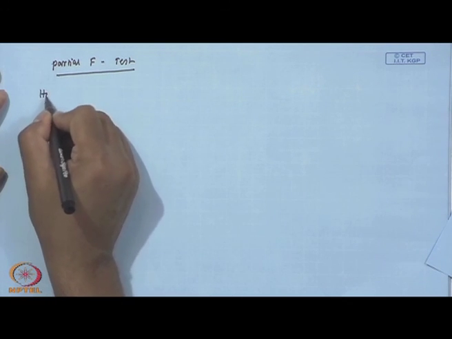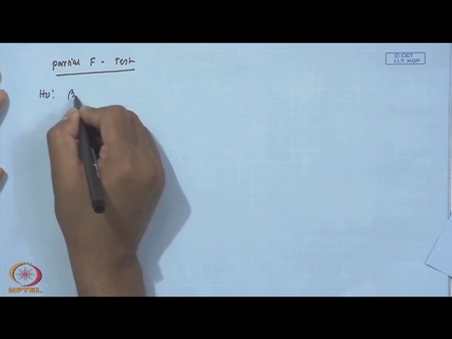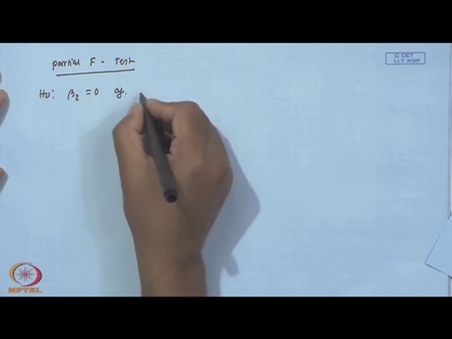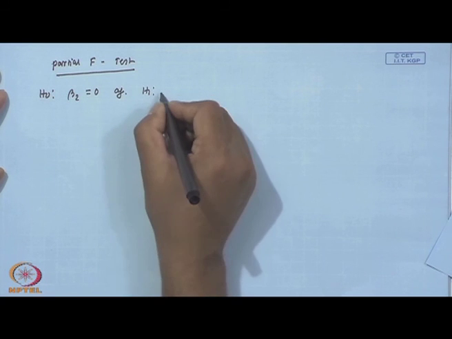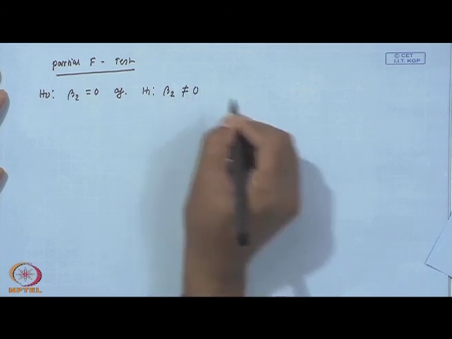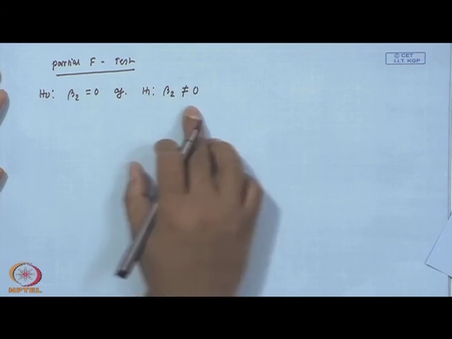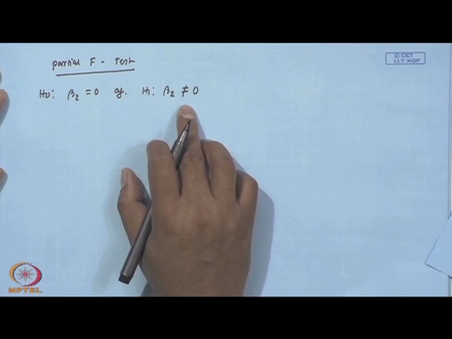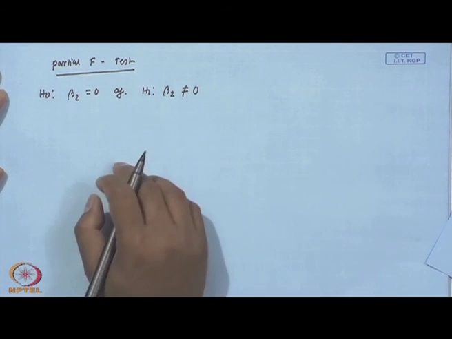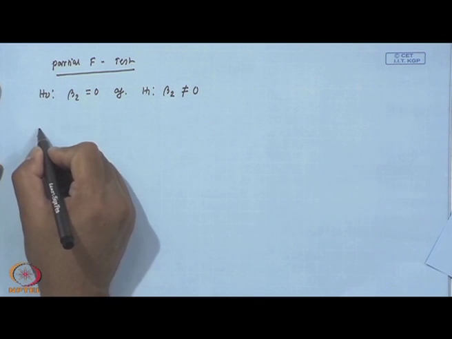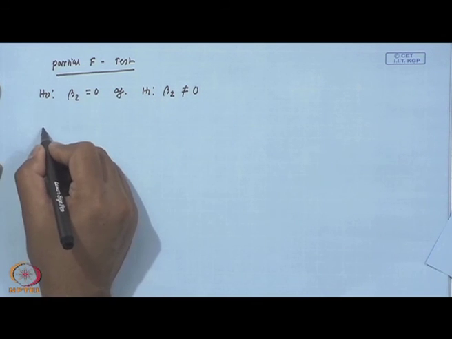So, we test H naught, that beta 2 is equal to 0, against H 1, that beta 2 is not equal to 0, and this test is in the presence of x 1 in the model. Okay. So, how do you test this one? If you go for the partial F test, here is the F statistic.